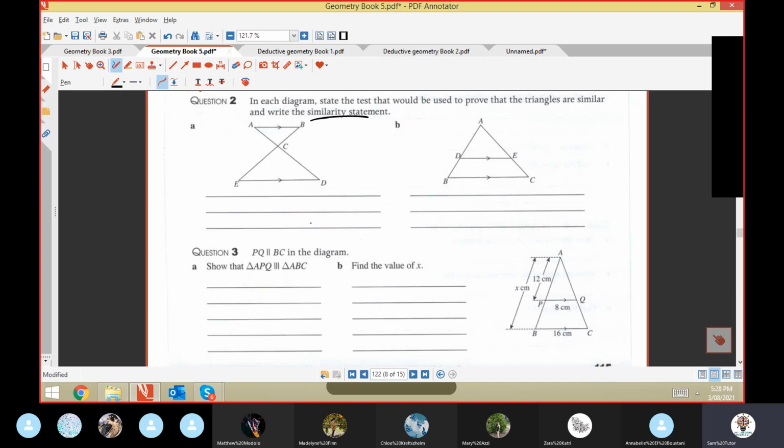So what angles are the same? Angle CAB equals angle CDE. Why? What's your reason? Alternate angles. Yep. And then angle, you just need one more.